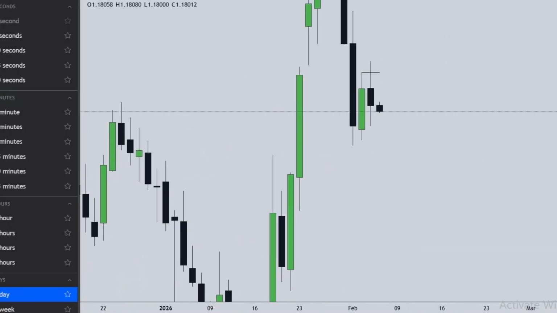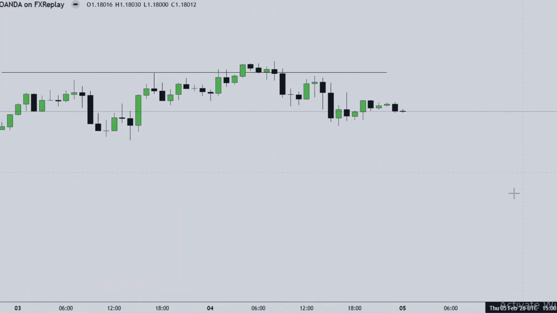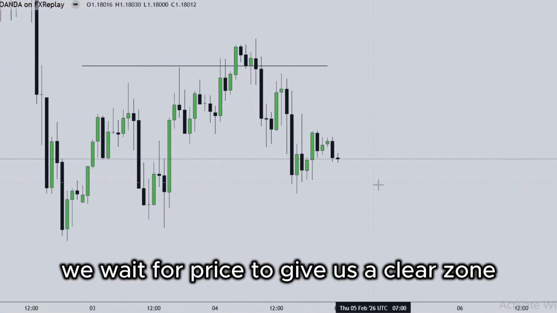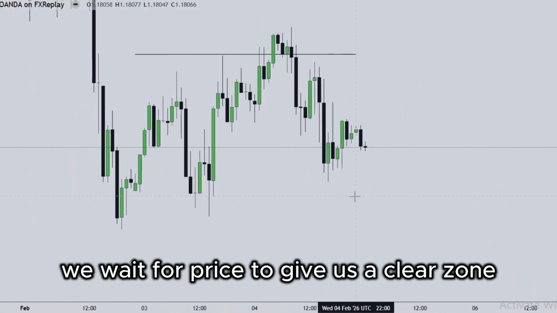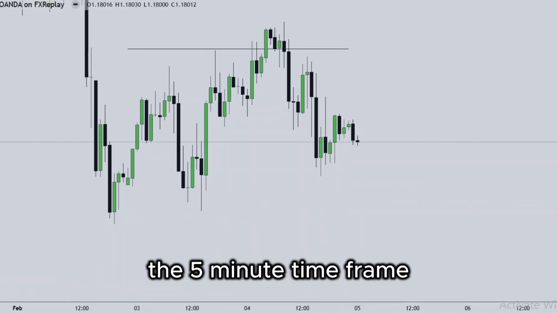When we go down to the 1 hour time frame, we wait for price to give us a clear zone, and then we look for entries on the lower time frame, the 5-minute time frame.